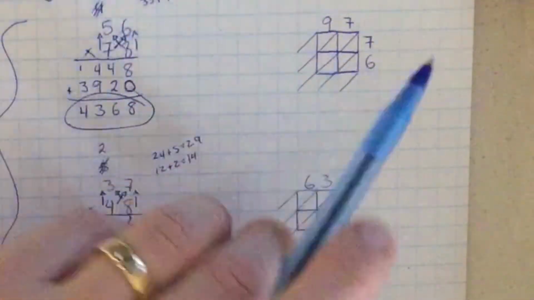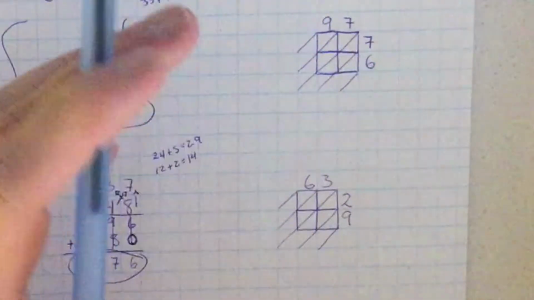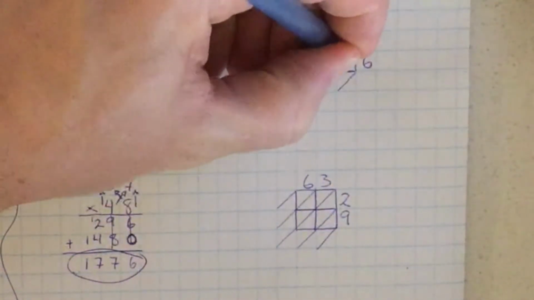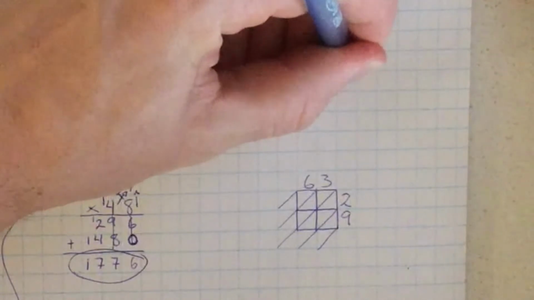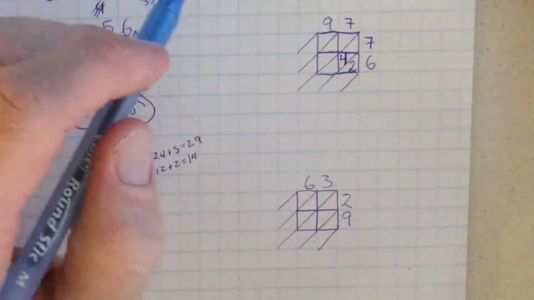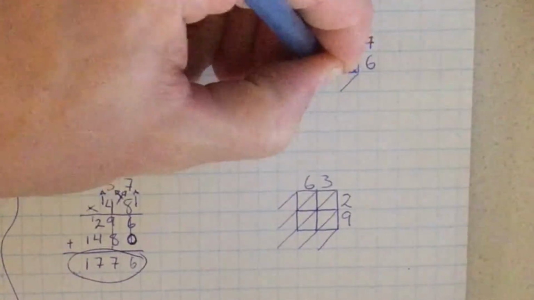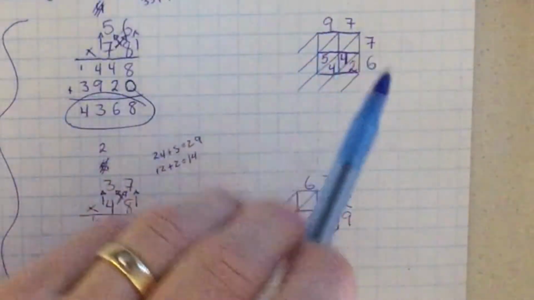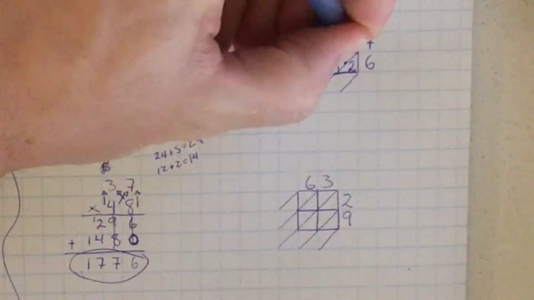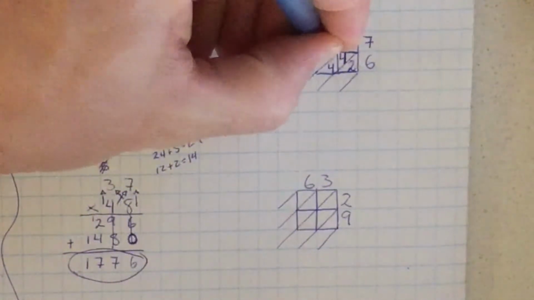We're going to start with the smallest place value, so out of 76, that's 6. 6 is in the ones. 6 multiplied by 7 is 42. 6 multiplied by 9 is 54. 7 multiplied by 7 is 49. 7 multiplied by 9 is 63.